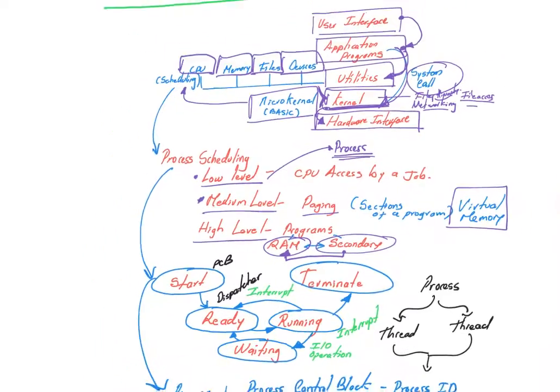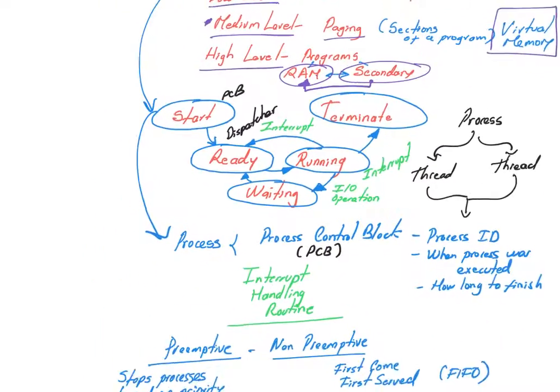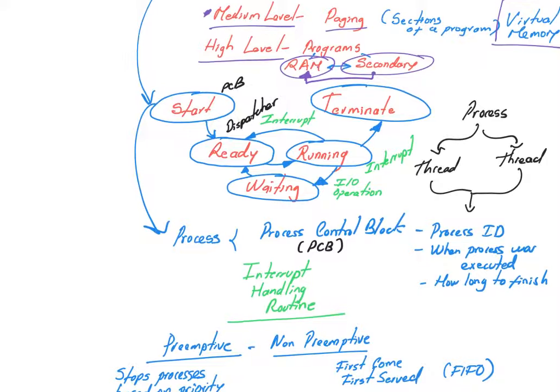So a process goes, as you know, into five different stages. The first stage is called the start, and it's when the process control block is created. The process control block is just a space of memory where you have the information of the process that is going to be run and executed.